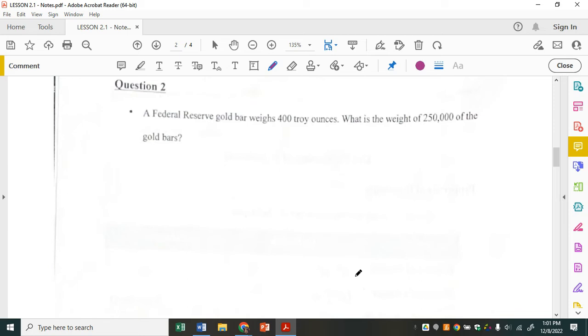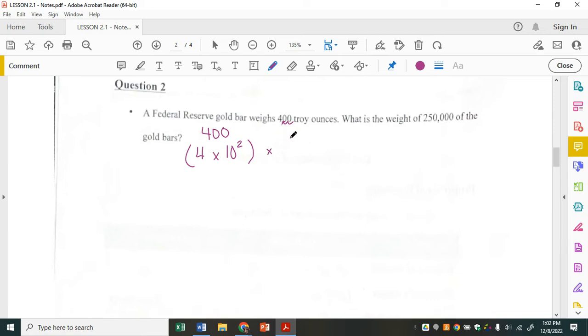Have we seen scientific notation before? Right? 400 would be 4 times what? 10 to the second, right? Because you'd go over 2 decimal places. So 400 is 4 times 10 to the second power.